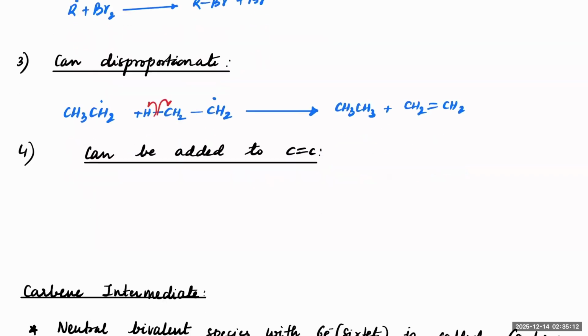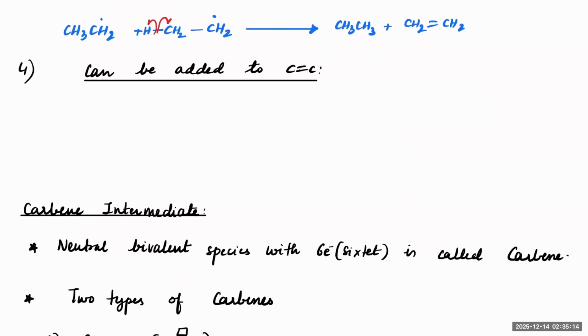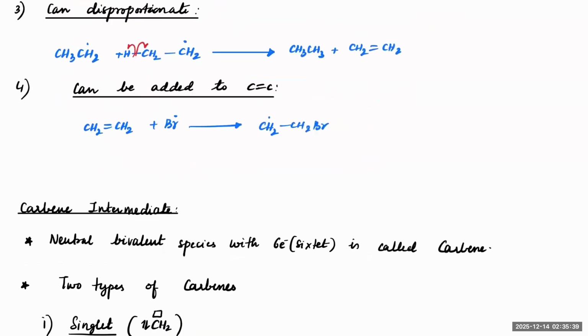Done. Next, radicals are often observed to get added onto C double bond C as well. Okay, so which means if you have CH2 double bond CH2, right, and you react it with something like Br dot, in that case we will get this as CH2 dot. This is how the addition can take place.